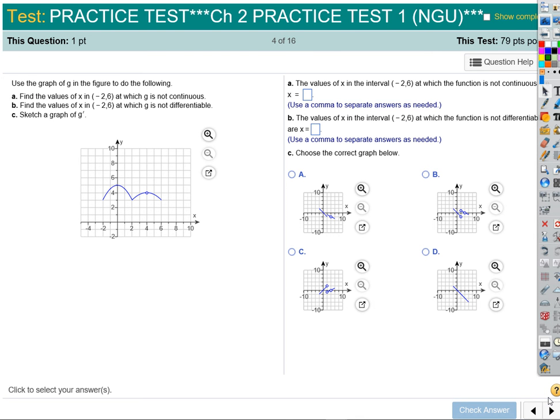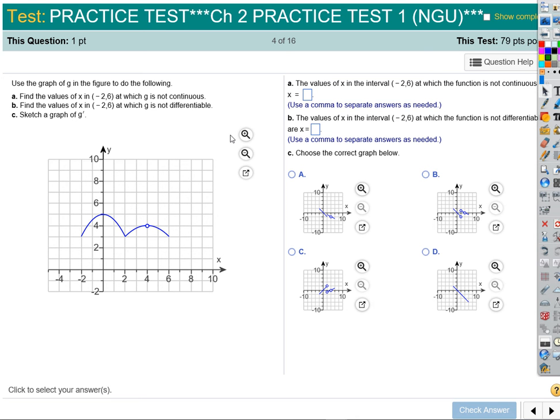Same kind of thing here. So this time they're asking us, find the values of x on the open interval where x is greater than -2 and less than 6, at which the function g, which is graphed below, is not continuous and where it's not differentiable. Okay?